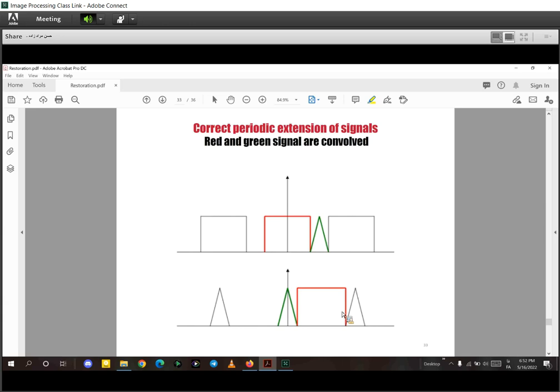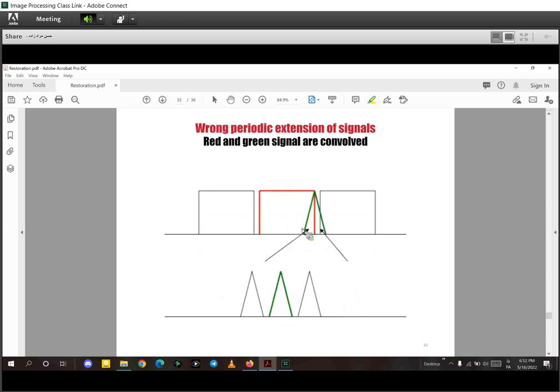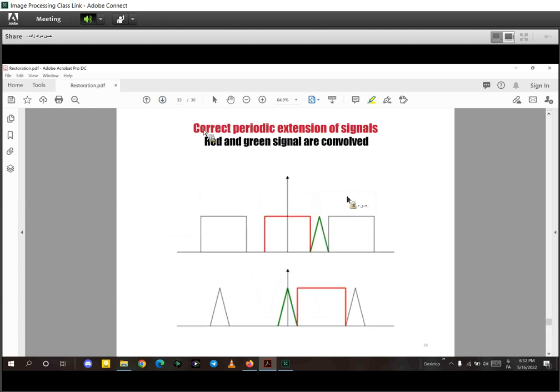As for the aliasing phenomenon, this is a good one, and the last one was a bad extension, with no zero padding or a small zero padding. This is bad, but this item is very good.